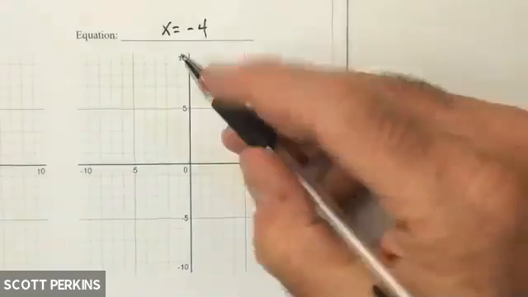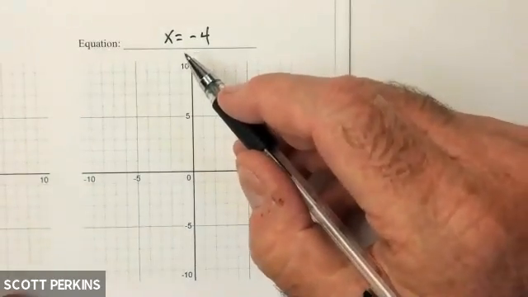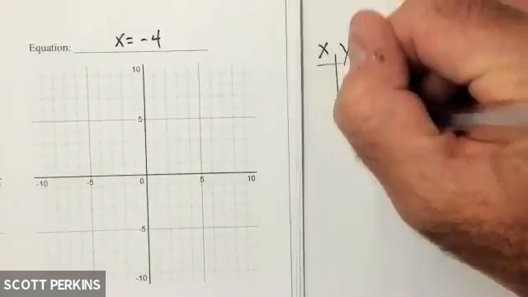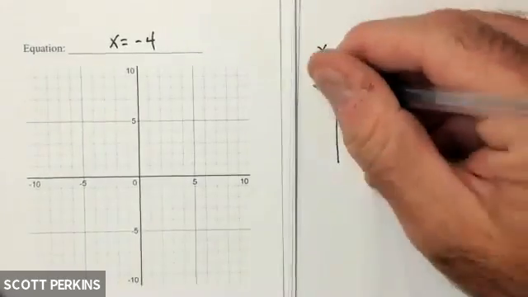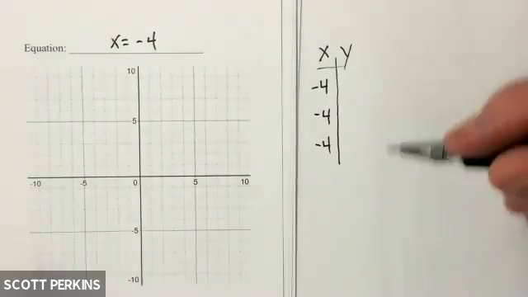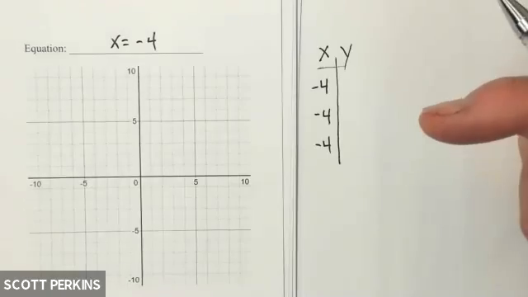All right, so there's no y variable. So again, if you made a table, your table looks something like this, okay? And making a table is totally a fine and handy thing to do. In your table, all the x values are -4, and then whatever y values you pick, your line and my line are going to look exactly the same.